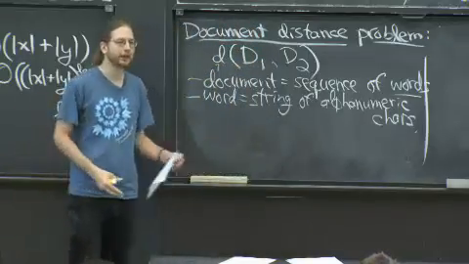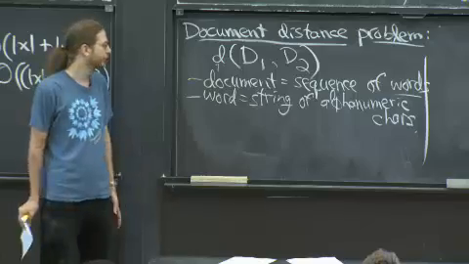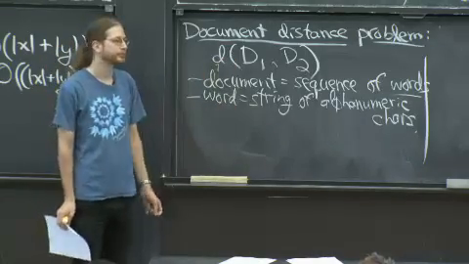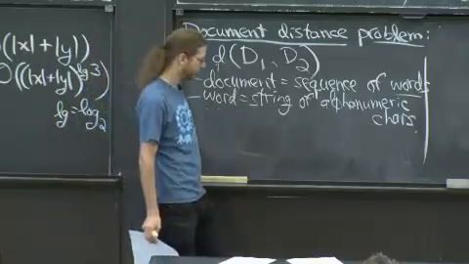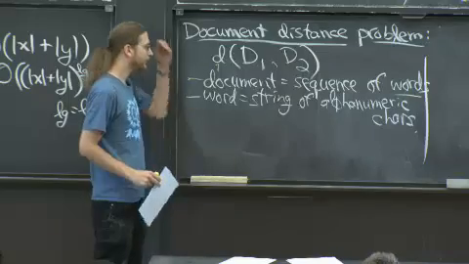If I have a document, which you can also think of as a string, you basically delete all the white space and punctuation, all the other junk that's in there, and everything in between are the words. That's a simple definition of decomposing documents into words.